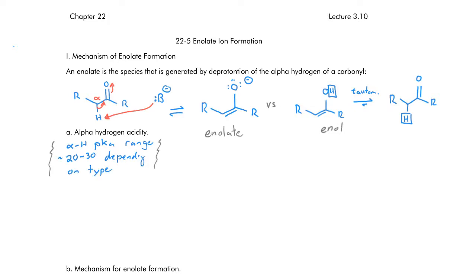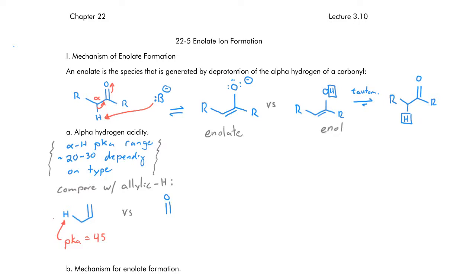The alpha hydrogen pKa range for a typical carbonyl system ranges from about 20 to about 30, depending on the type of carbonyl. How does that compare with other types of hydrogen atoms? I'm going to show you one that I think is a good comparison, the allylic hydrogen, which has a pKa of about 45.